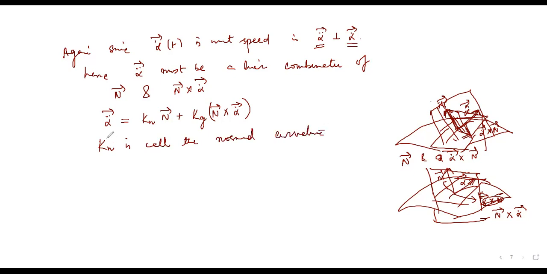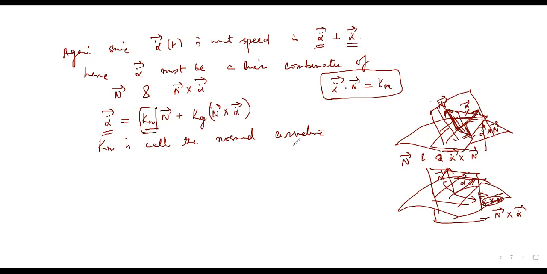We resolve this curvature vector of the curve into two parts: its component along N and its component along N cross alpha dot. This number is called the normal curvature simply because if I take the dot product of alpha double dot with N, this would be just k_n, which is the curvature of the normal section, or the normal curvature of the curve.